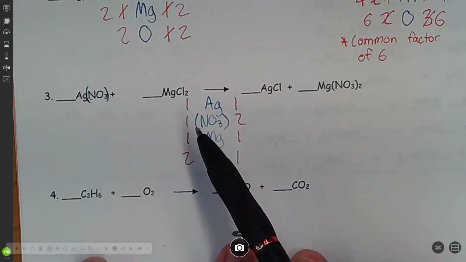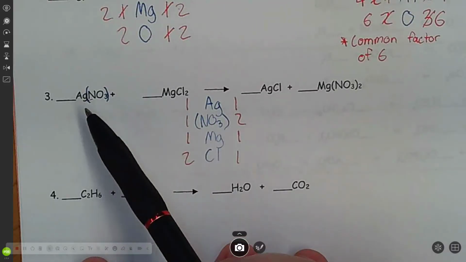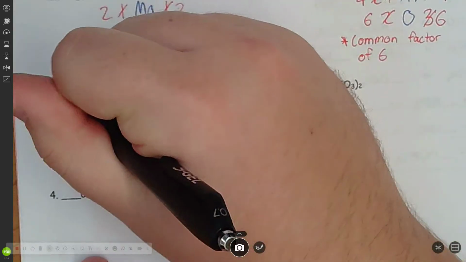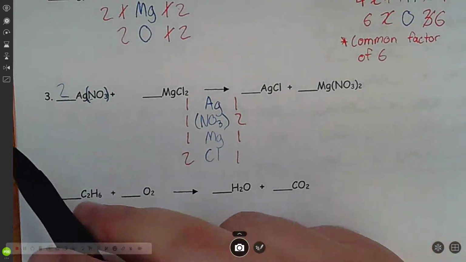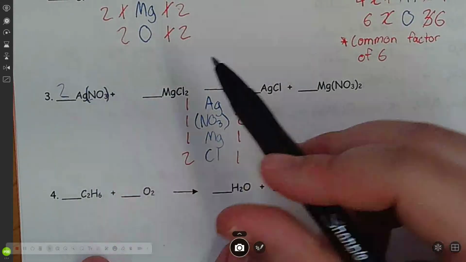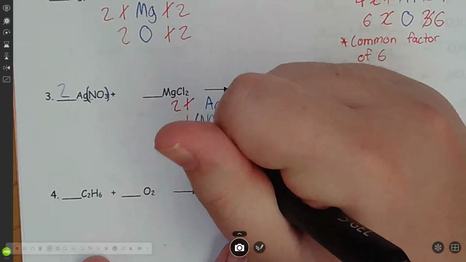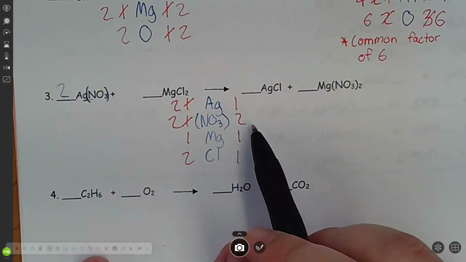The first one is our NO3. We want 2 more on the left side, and so since our NO3 is here, we're going to give that spot a coefficient of 2. So that 2 is going to apply to both the Ag and the NO3. So Ag is now getting out of balance a little bit with a 2, but the NO3 is getting balanced with a 2.